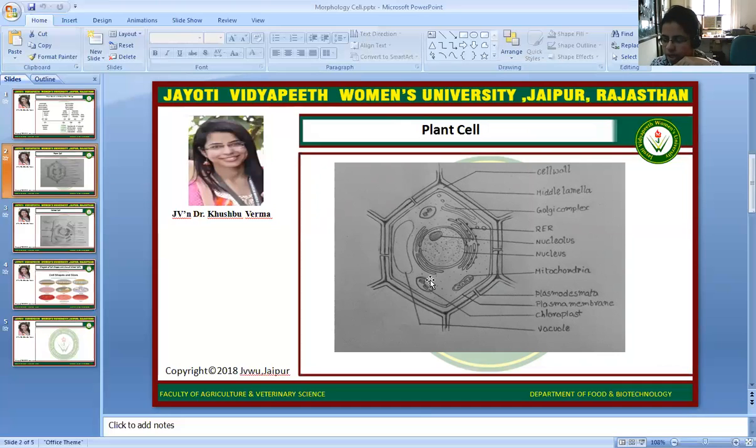Chloroplast has the pigment known as chlorophyll, which is the main component of the metabolic pathway photosynthesis, and because of this organelle, plant cells can produce food on their own. Mitochondria are also present. So this is the basic structure of the plant cell.